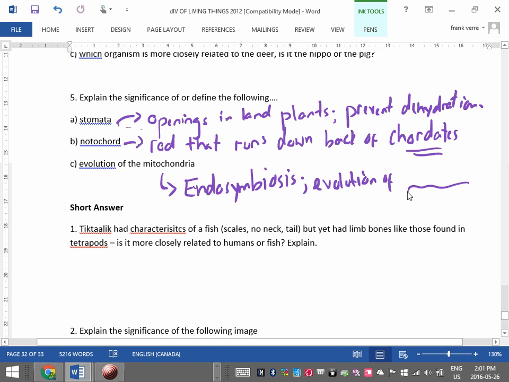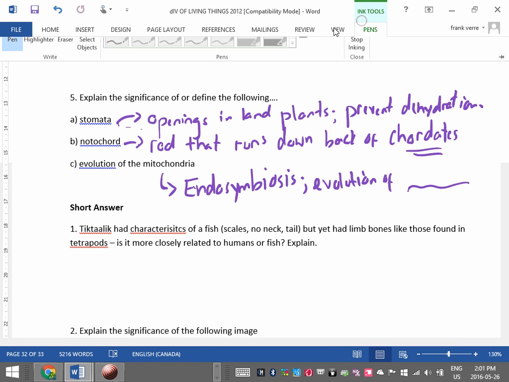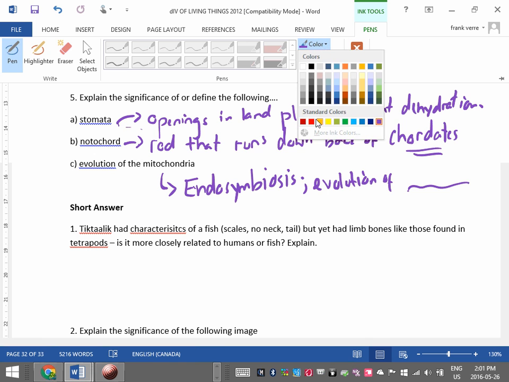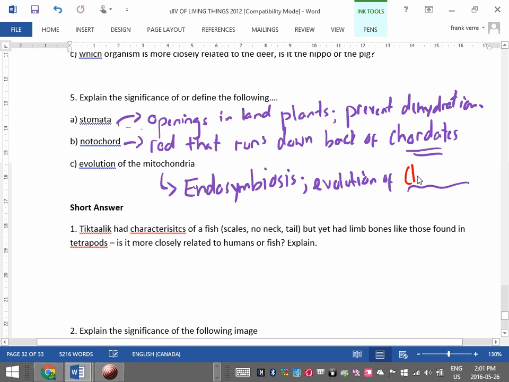What is very similar to the evolution of the mitochondria? Yep, very good. Chloroplast. It's actually the exact same story with the chloroplast, right? They both were free-living bacteria that ended up living inside a host cell, and over time they became reduced and dependent on the host. So it'll be a match the column.